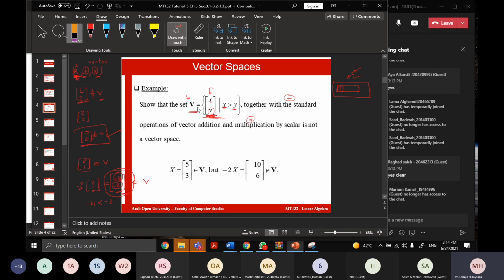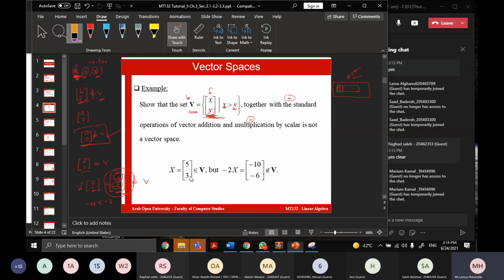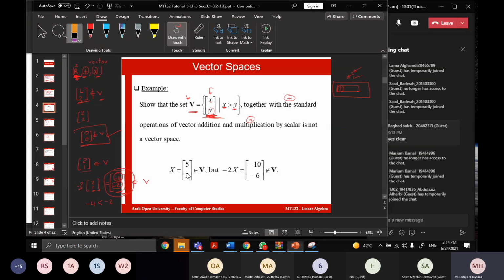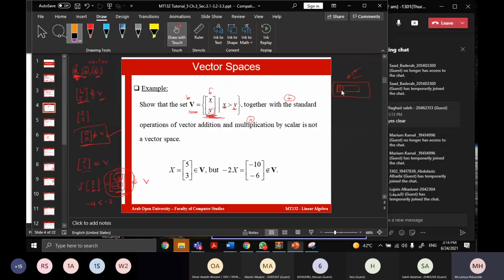For example, when you multiply a negative number times this, the resultant does not belong to our space. If we took any element like that and multiplied by a negative number, then the resultant will not belong to my space. It's out of my space, it's here. So the set is not going to be a vector space.